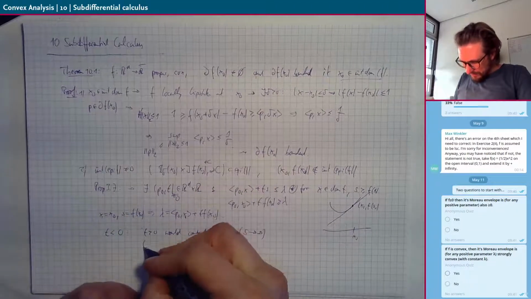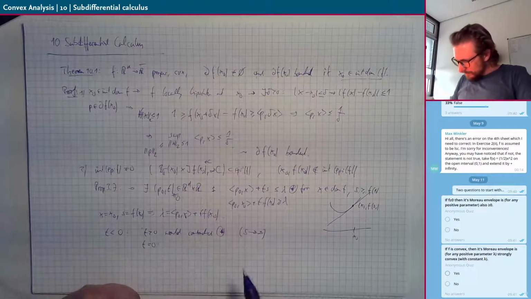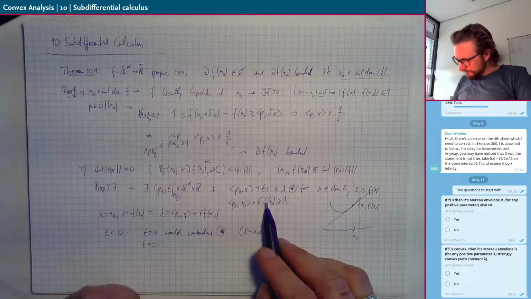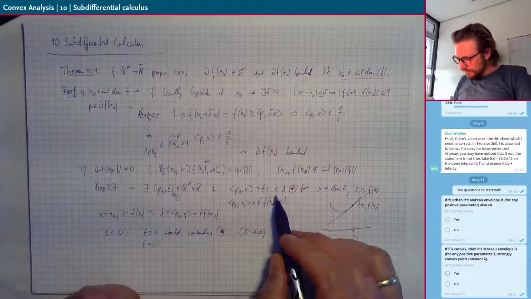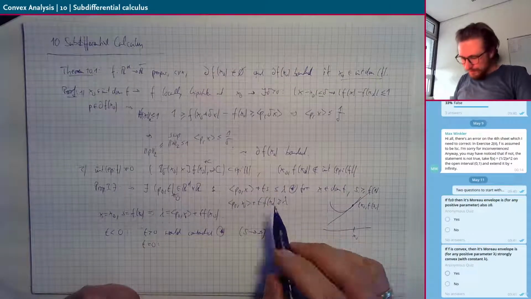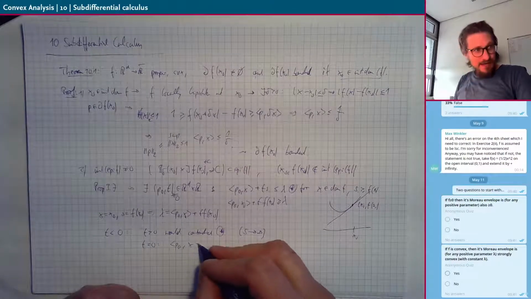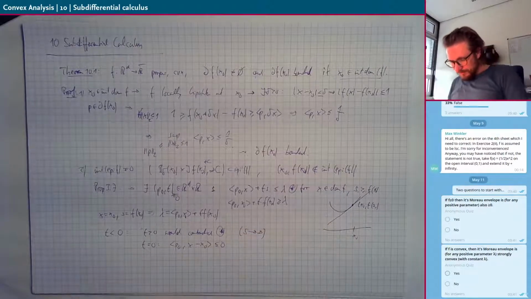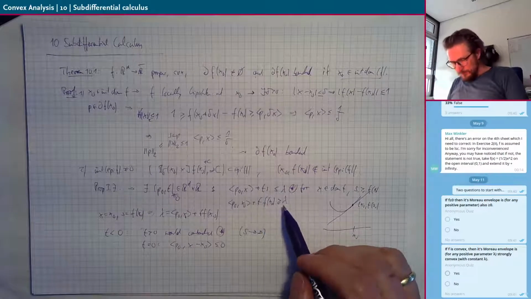And what about t equals 0? If t would be equal to 0, then these things would not be there. We could flip the sign of one of the inequalities and add them together. This would show us that the inner product of p0 with x minus x0 would be non-positive by these two inequalities here, flipping one of them and then adding up.